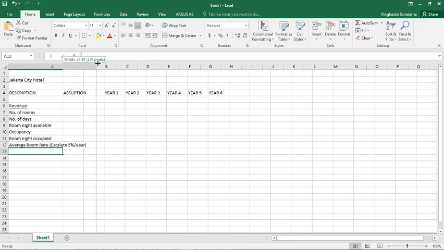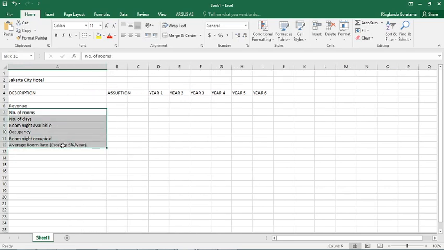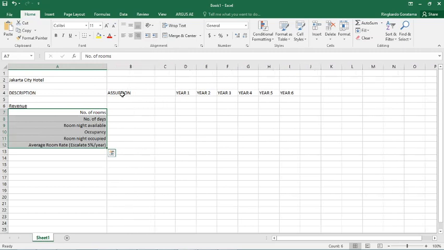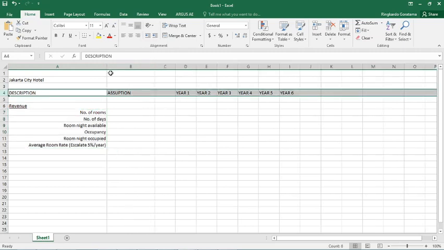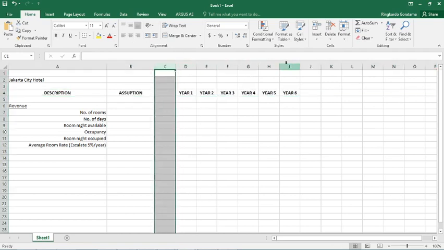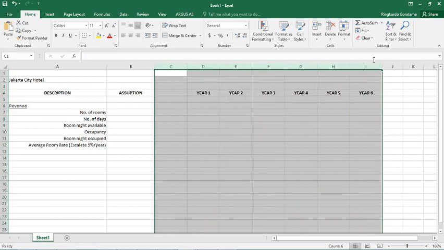Okay, so we pull this one. I think we just put it on the right. So this will be our assumption, I will put it in the middle, and this will be the cash flow.